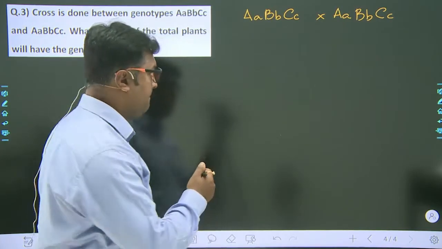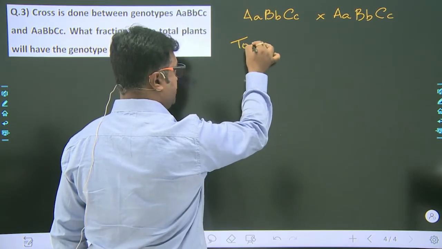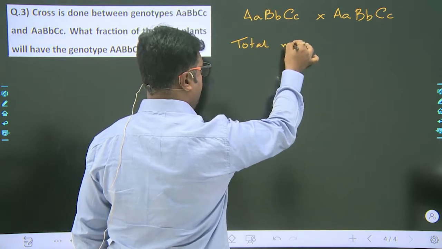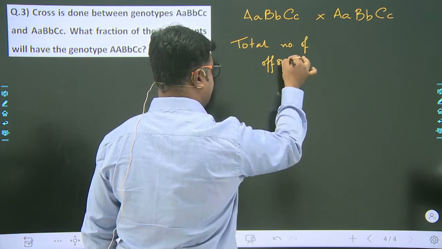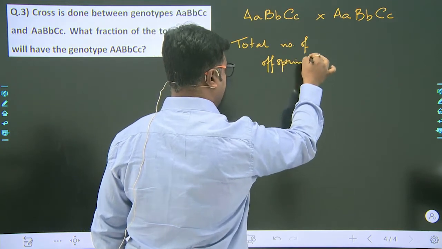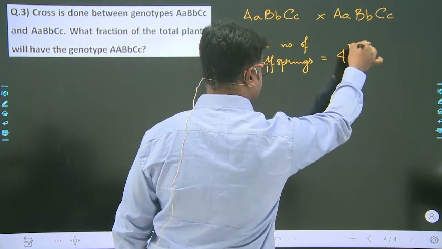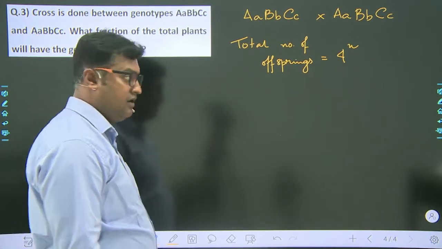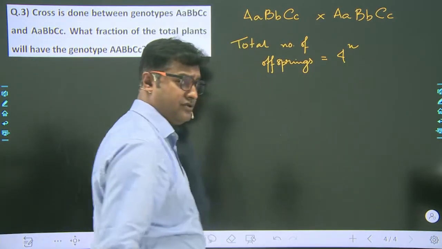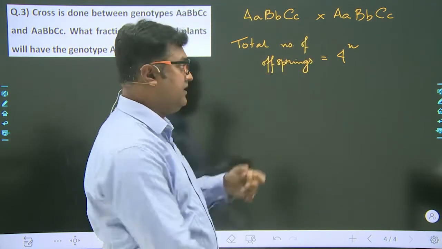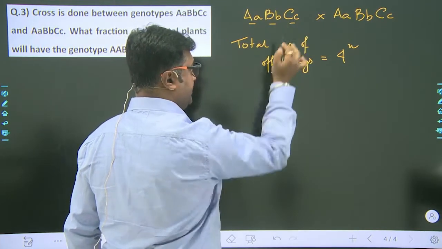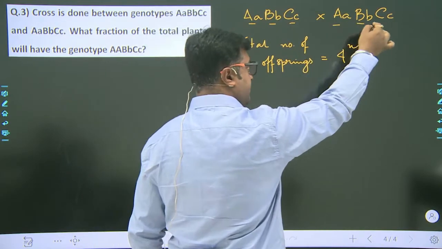Now, by using the formula, we can easily get the total number of offspring that will be produced. How? The total number of offspring that can be produced over here is given by the formula 4 to the power n, where n is the number of heterozygous conditions. How many heterozygous conditions are over here? 1, 2 and 3. Similarly here 1, 2 and 3.